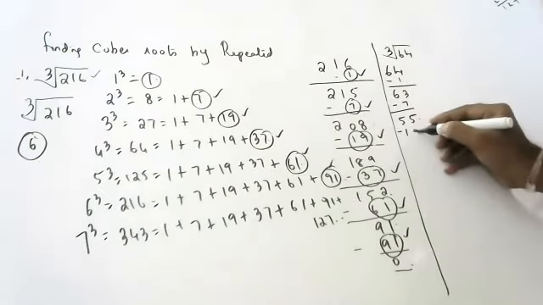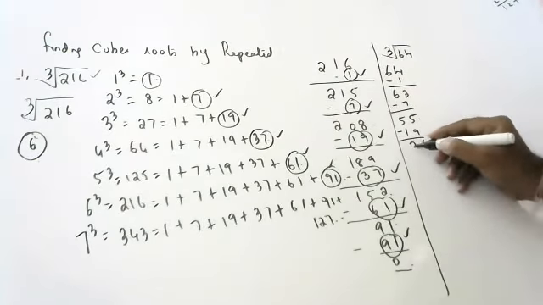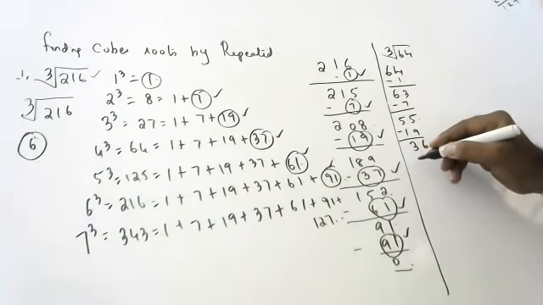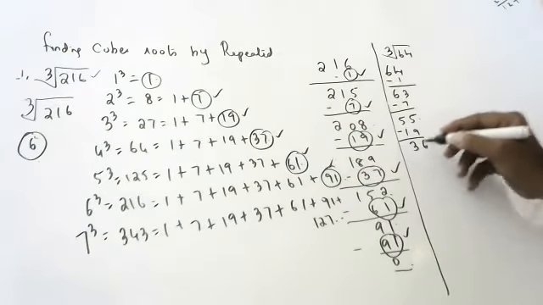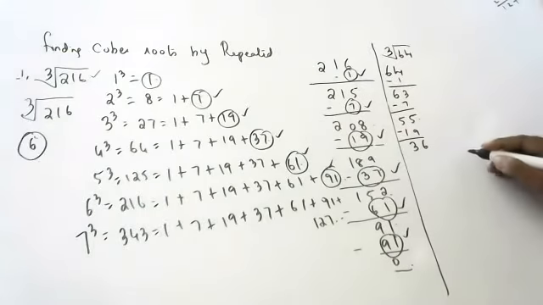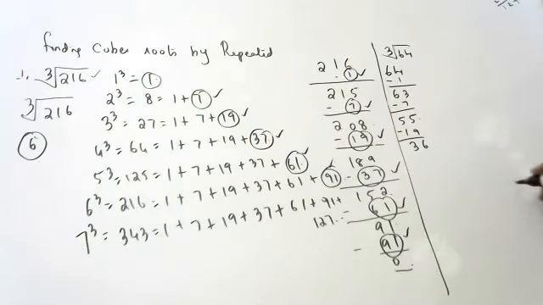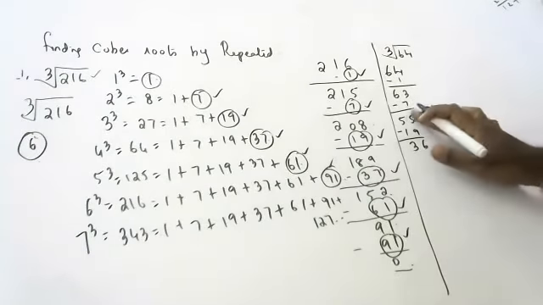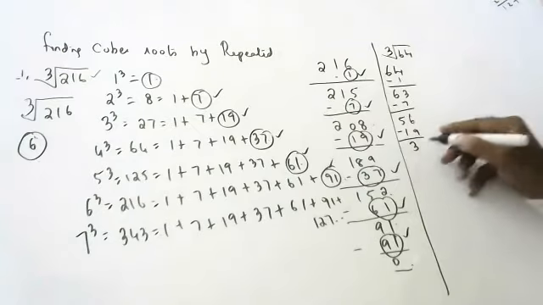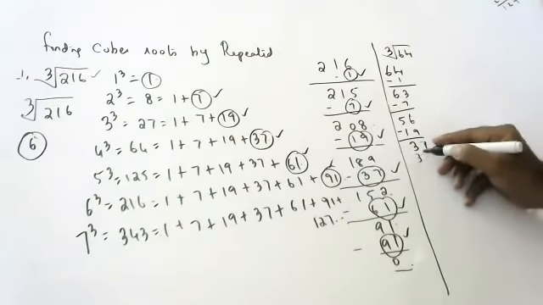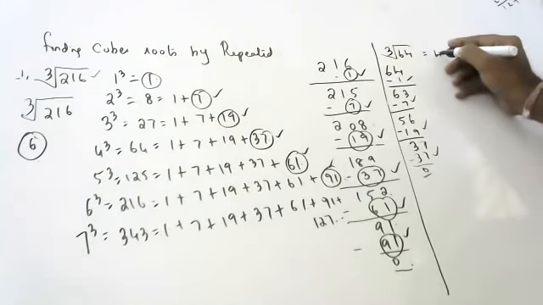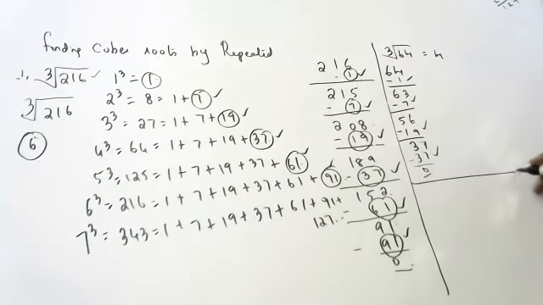Minus 19 is 37. 37 minus 37 is 0. So 1, 2, 3, 4. 4 is the answer. Did you understand, children?